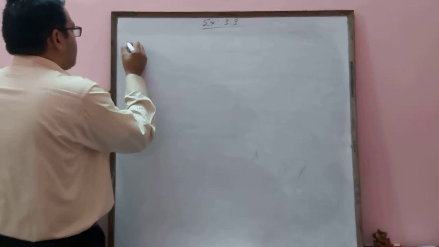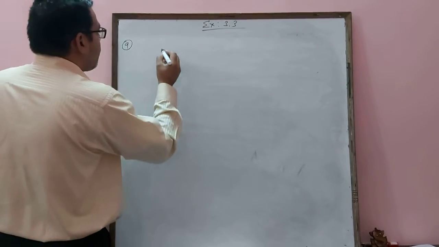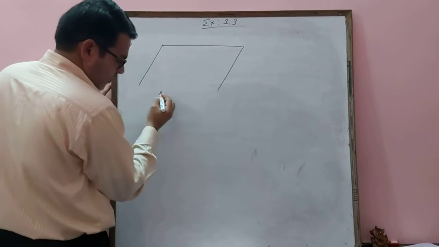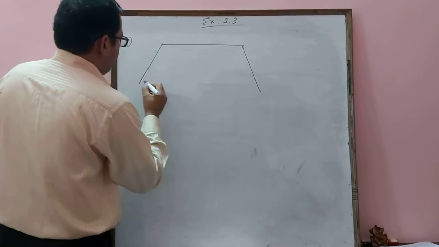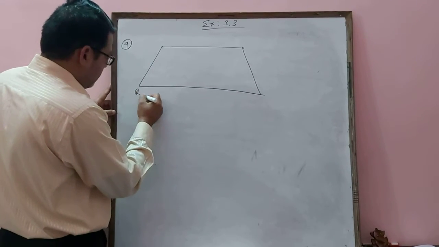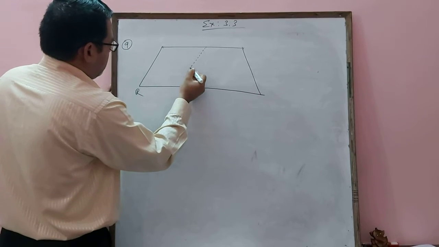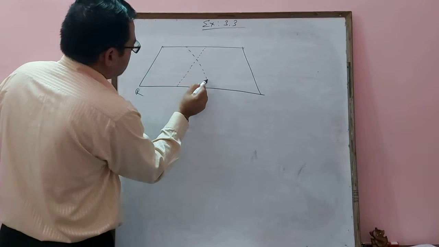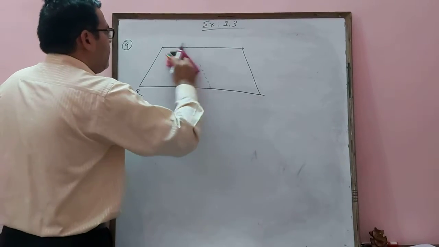Question number 9 now I am solving. Outside a trapezium, right? And this is R. Draw it properly.